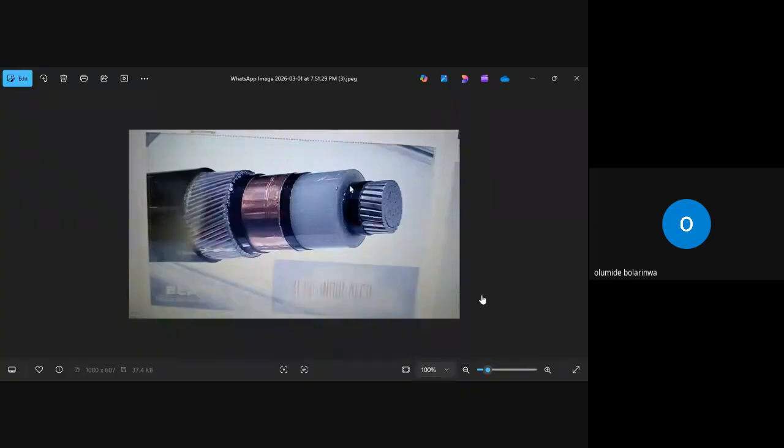But let's just put that one outside. Tonight we'll be measuring the different sizes of our cable. In this cable, we have to bring in our experience. Everybody must contribute.